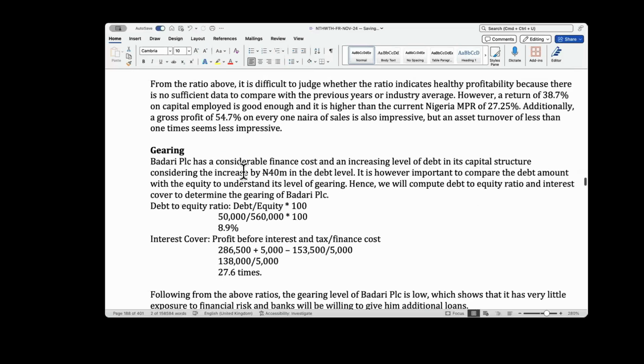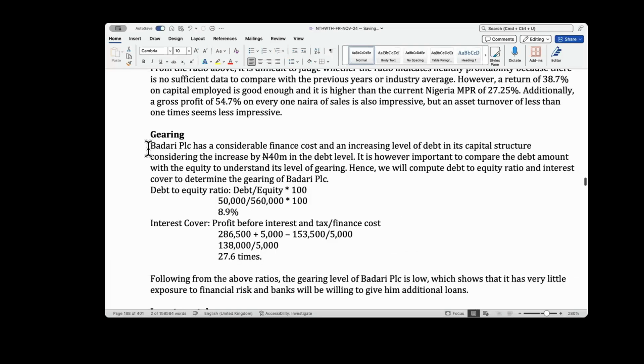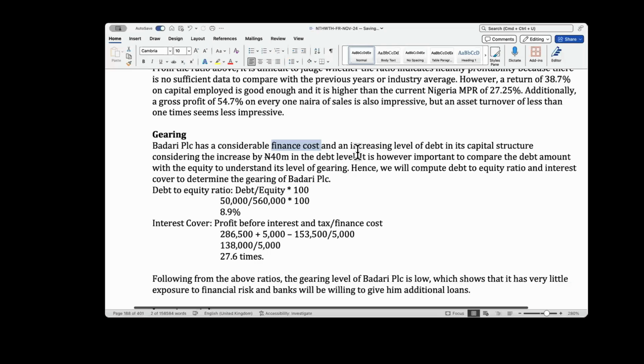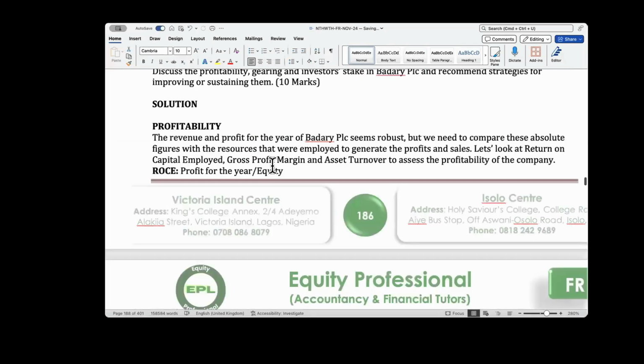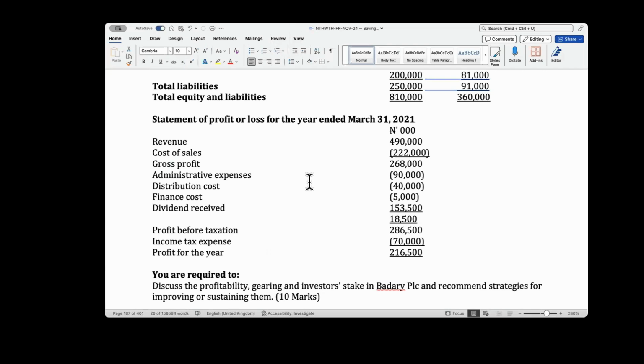That was profitability. Then, I told them that Badari PLC has a considerable finance cost and an increasing level of debt in its capital structure, considering the increase by 40 million in the debt level. Before I made this statement, because when it comes to debt or gearing we are talking about level of debt, I looked at the interest they are paying, 5 million.